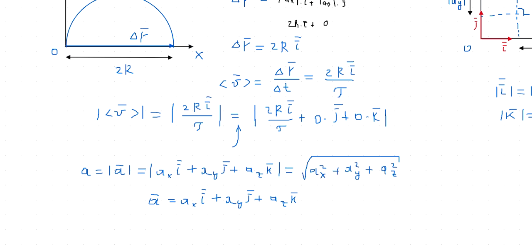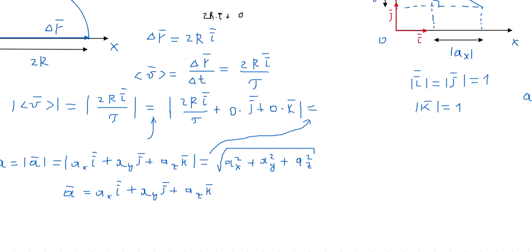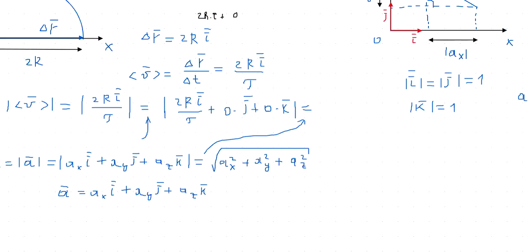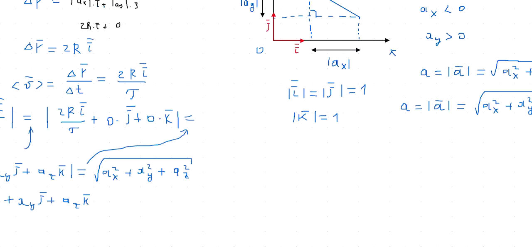Okay, so can we now use this here? Of course, we can use it. And what will we have from this? 2r i divided by tau, squared. Yes, this is correct.